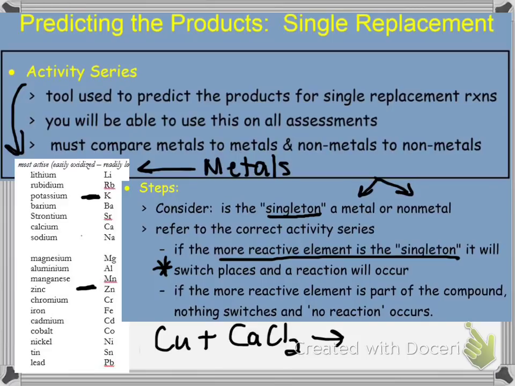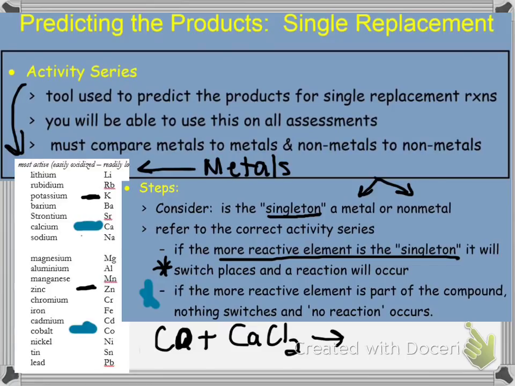I picked one that's not on the list. We'll make it cobalt. When I compare the cobalt to the calcium, since the cobalt is less reactive and the more reactive element is already part of the compound, that means nothing is going to switch.